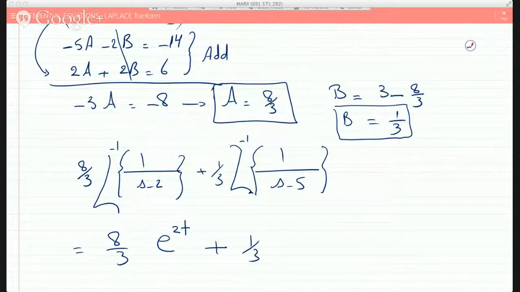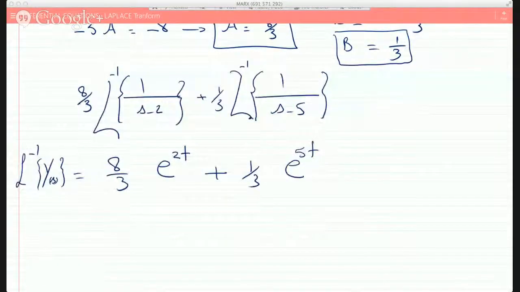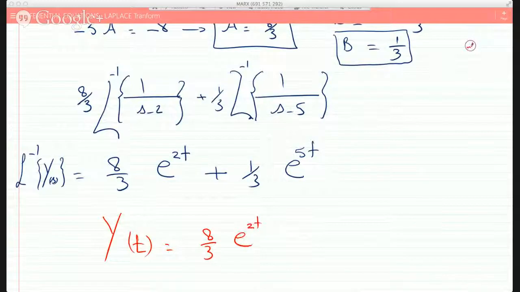In this case, A is 5, so you get e^(5t). And this is your inverse Laplace of Y(s), which is y(t). So therefore, to conclude, y(t) is equal to 8/3 e^(2t) plus 1/3 e^(5t).